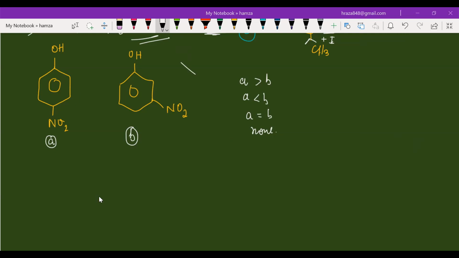Please let me know if you have no idea about it. So basically in class 11, you have studied a chapter that is known as GOC, General Organic Chemistry.